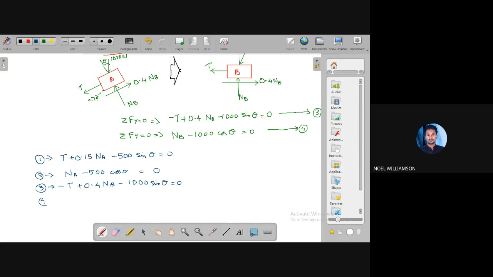And from equation 4 we get NB minus 1000 cos theta equal to 0.